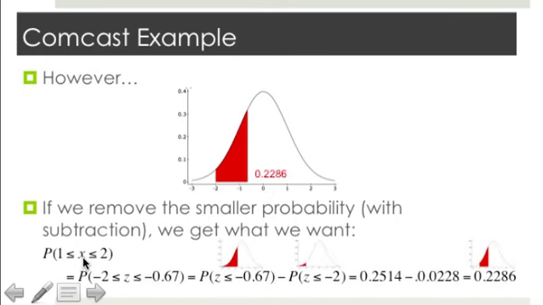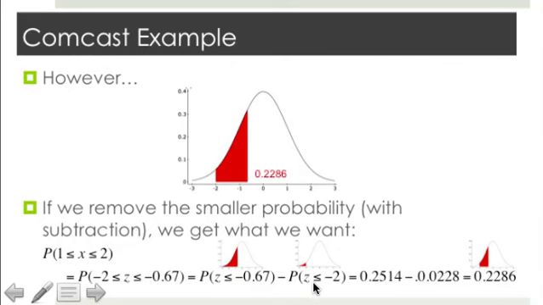So in mathematical notation, it's going to look like this. The probability that a repair takes between x equal 1 hours and x equals 2 hours is equivalent to the probability of a z-score being between negative 2 and negative 0.67. We know the probability that z is less than negative 0.67 corresponds to this larger area, that's 0.2514. We got that from the tables.